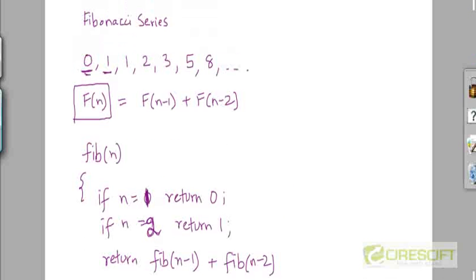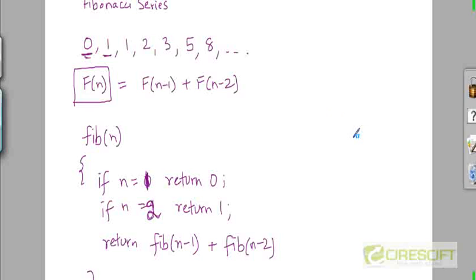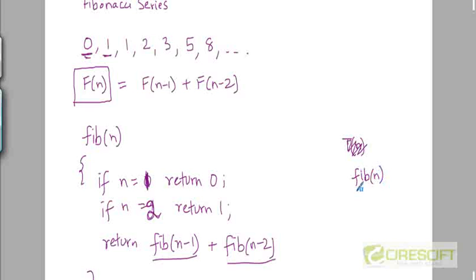Now the problem with this algorithm is that if you try to analyze its complexity, you're going to find that in order to solve a problem of size n, you're dividing it into two problems of slightly smaller size. So fib of n is going to call fib of n minus 1 and fib of n minus 2 recursively.